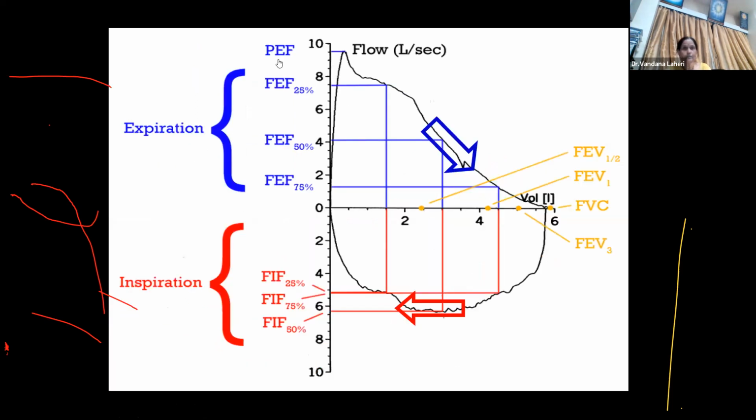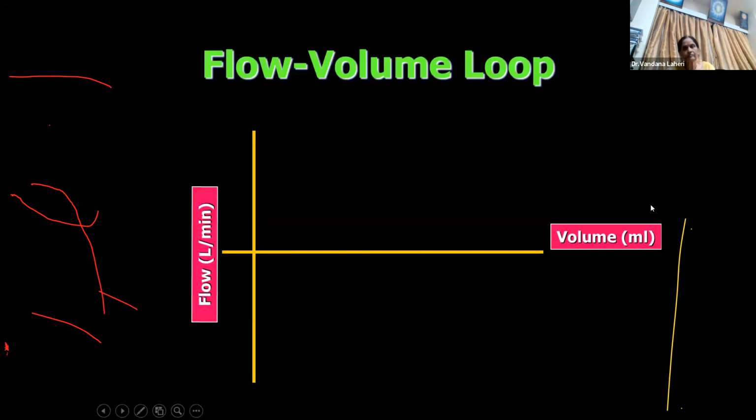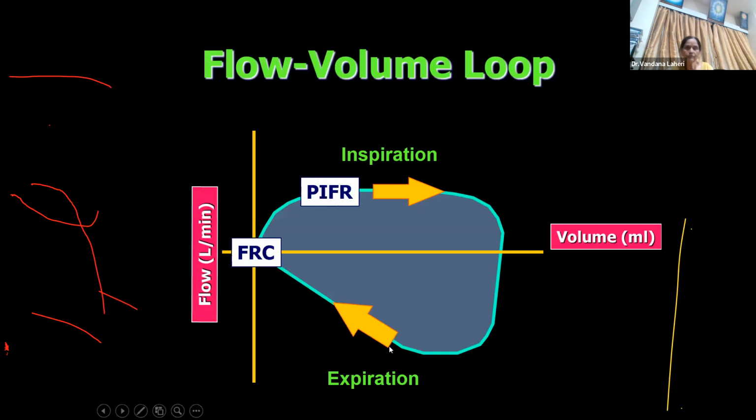So in short, expiration is here and inspiration is here. But on a ventilator graphic, inspiration is here and expiration is here.